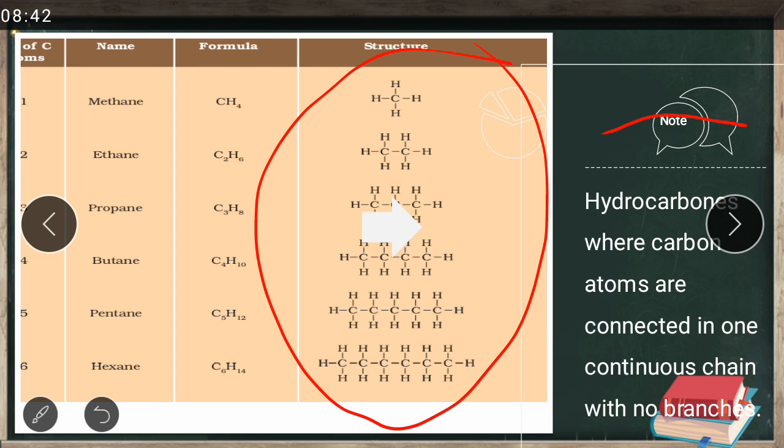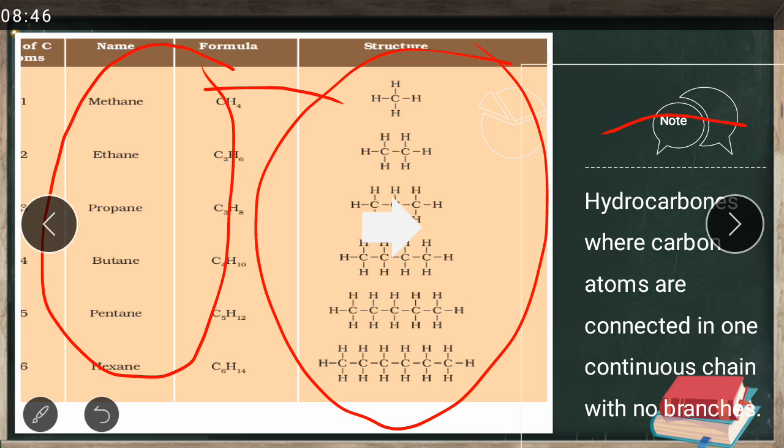These names are very important, so remember all these symbols and structures of the compounds: methane, ethane, propane, butane, pentane, hexane, and so on. Hydrocarbons where carbon atoms are connected in one continuous chain with no branches are called straight chain hydrocarbons. These are the examples.